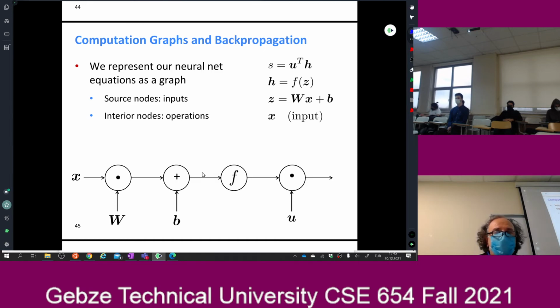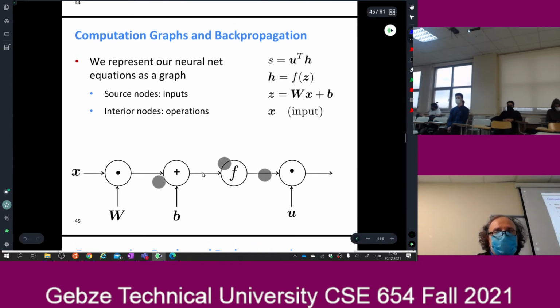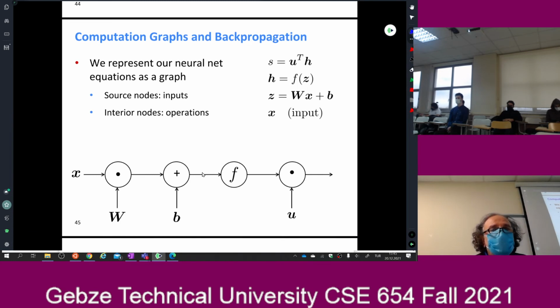U and etc. So sometimes I like to represent my networks using this notation, graph notation, computational graph they call it. It would be easy for us to visualize what we are doing, and easy to remember what we have done and what kind of things are common in this case.